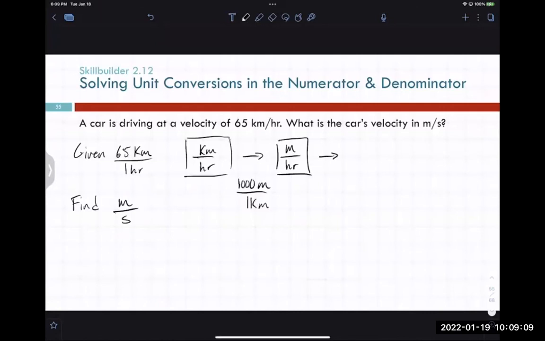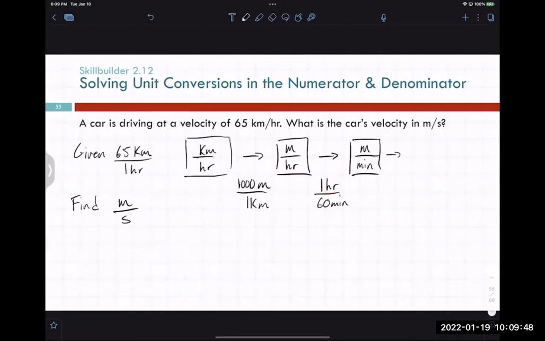And then if we want to go from hours to seconds, let's just do it stepwise. We're going to keep meters the same here, but if we want to go from hours, then minutes first. 1 hour is 60 minutes, because hours here cancel out with the hours here.